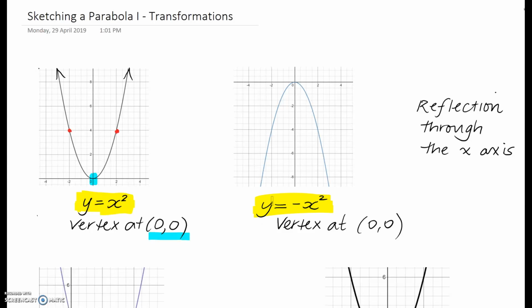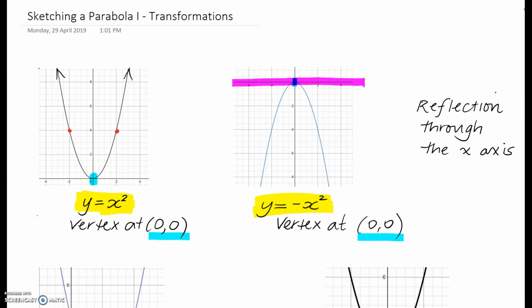That turns the whole thing upside down. Vertex is still where it was. Vertex is the only point actually that's still where it was. Everything else went negative. So that transformation is called a reflection, and it got reflected through the x-axis. See, that's our axis of reflection.